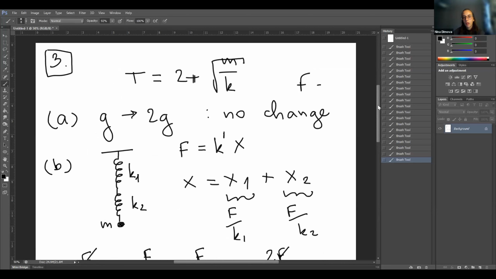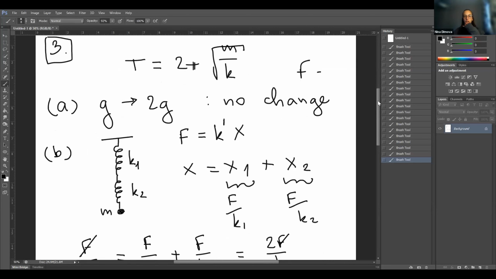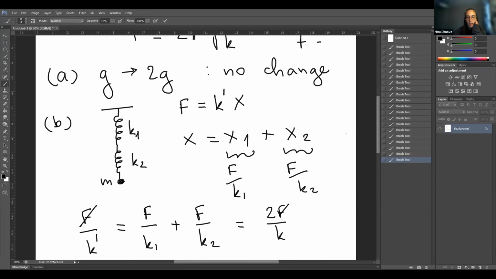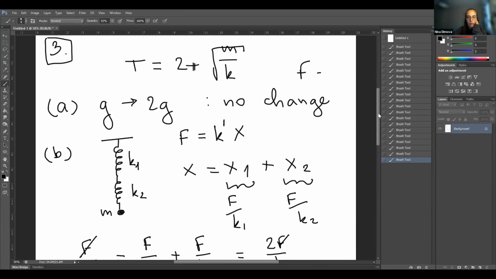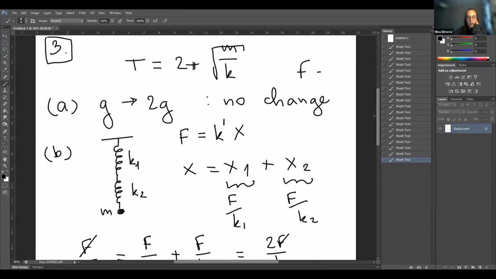The F which changes is this F. So basically, in this case, the situation is you have only one spring, right? So you're pulling with a different force because the acceleration is different.